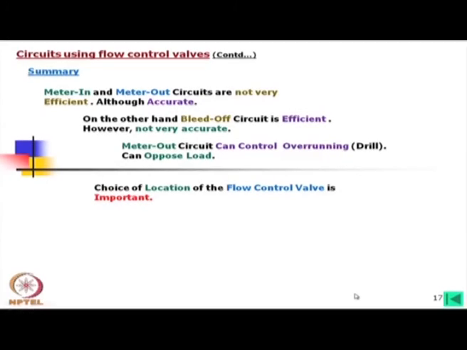Suppose you are making a through hole, you may not get a problem in the mid positions, but when it is just finishing the hole, you will find that it requires extra load and thrust. It is going for overrunning, and at that time meter out flow will be the best. So, thank you. Here we end today's lecture.